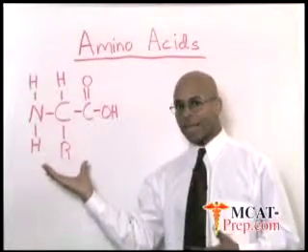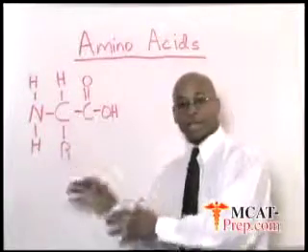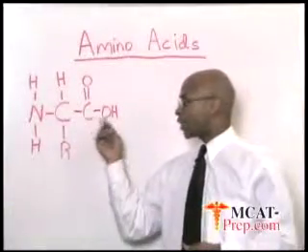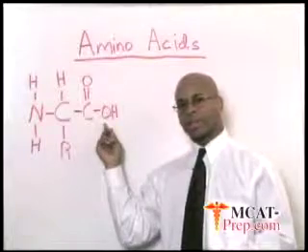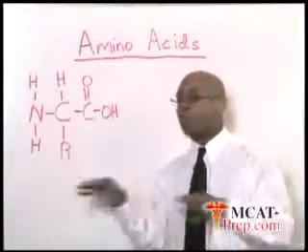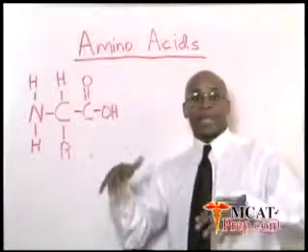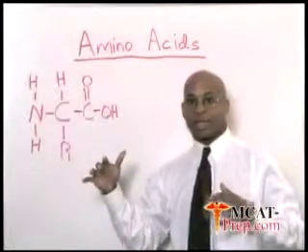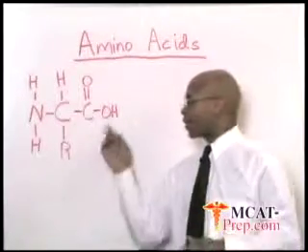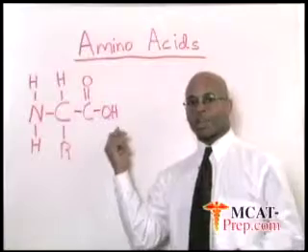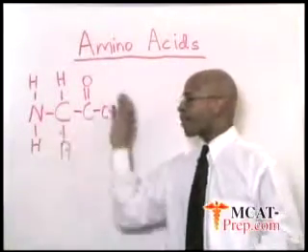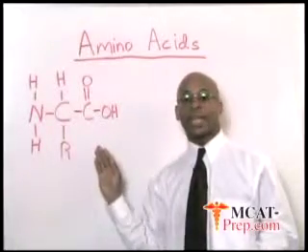For example, when there's more hydrogen ions around, meaning a lower pH, then this will be protonated, and this remains NH3+. But when there's no hydrogen ions around, so the pH is very high, this will kick off its proton, and this will even kick off its proton. And then the overall charge of the molecule will be negative.